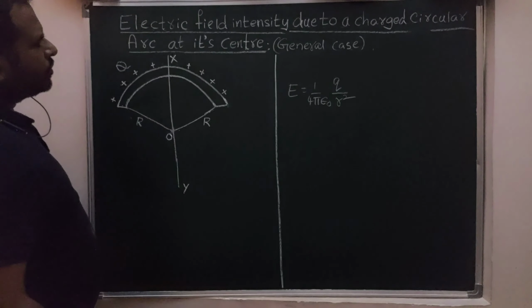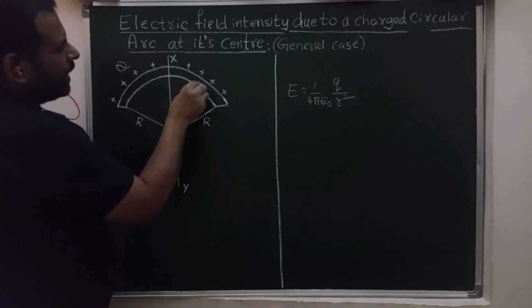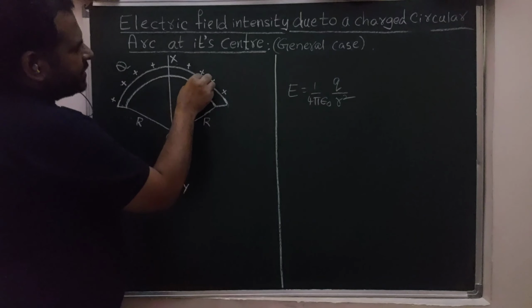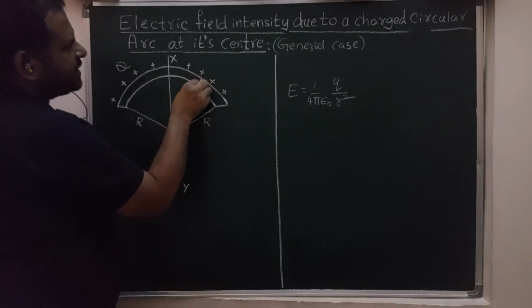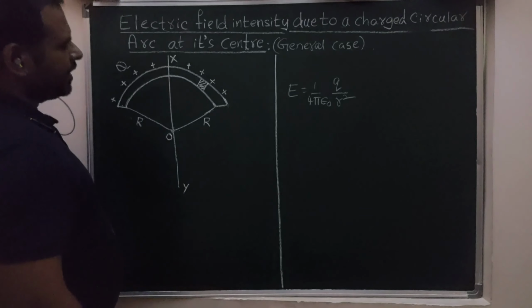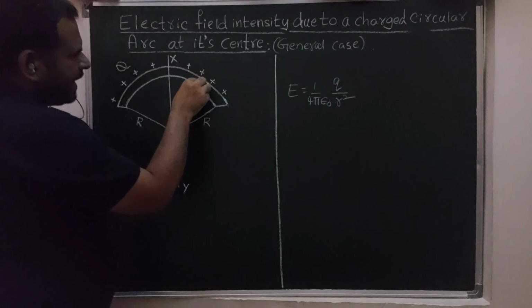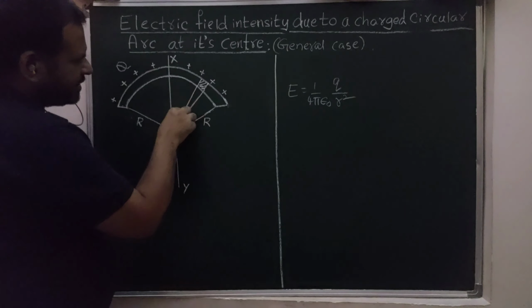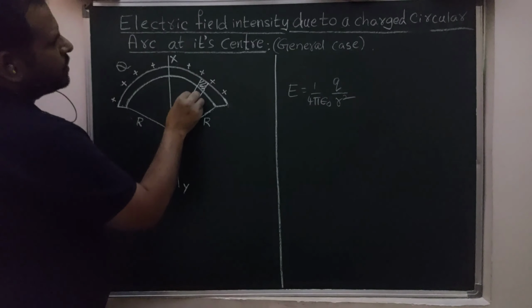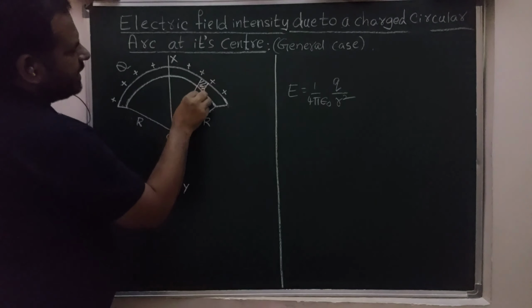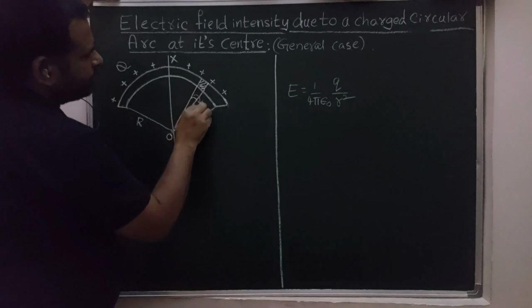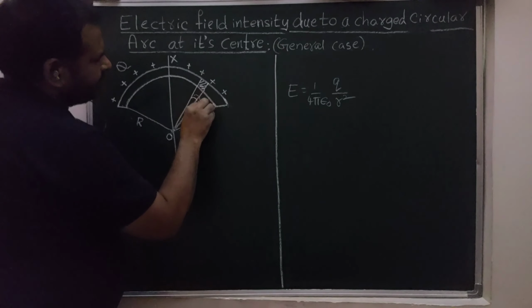Next, I am taking a polar segment of the arc, and this polar segment's angular width is d theta.